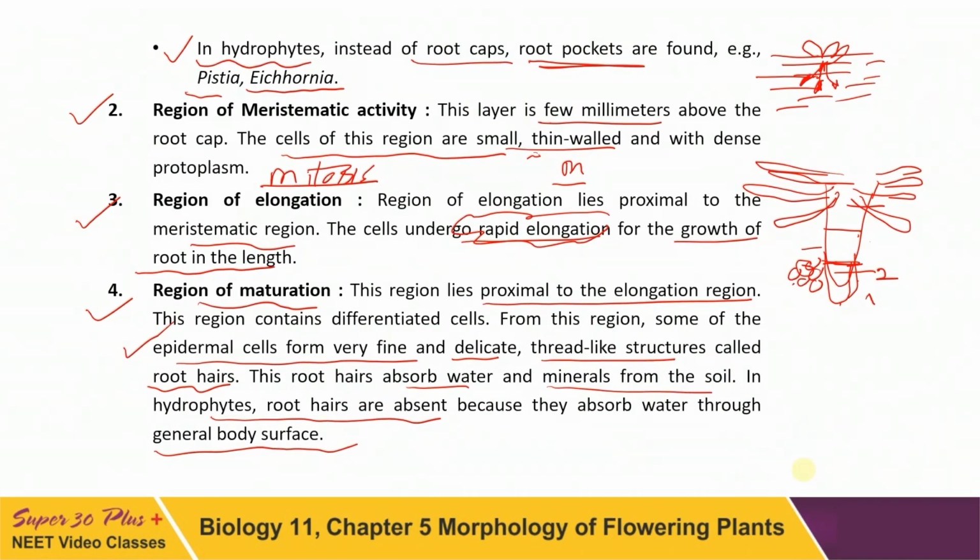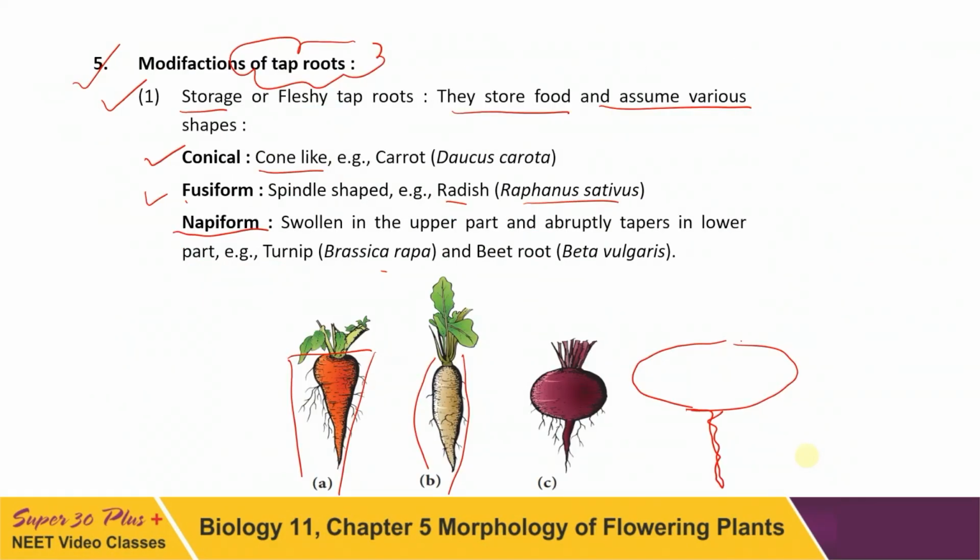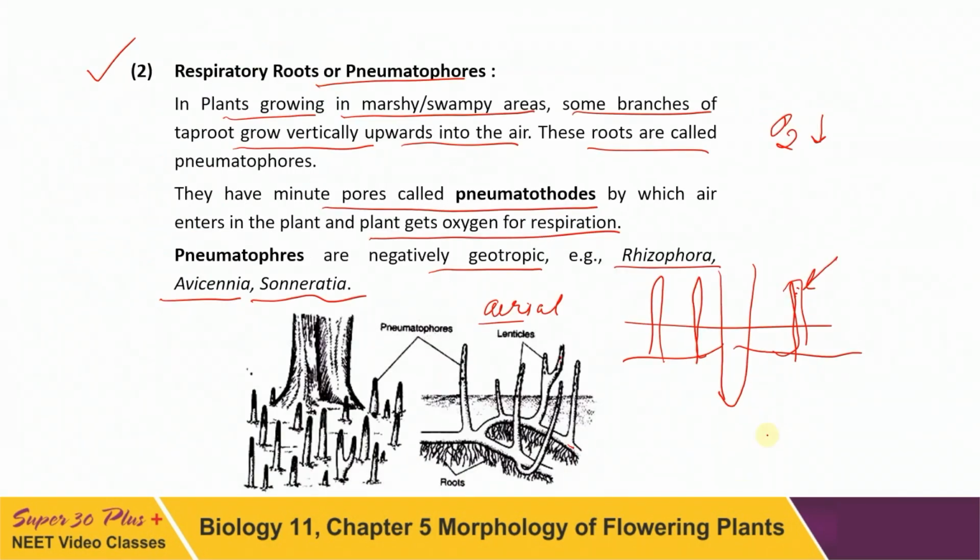I told you that. Come to the next, modification. You are familiar with this. Besides doing the normal function, the root has to perform some other functions, such as storage of food, and they become fleshy. The three examples are there. Then come to the next, respiration. Pneumatophores are found in marshy soil where there is a deficiency of oxygen.